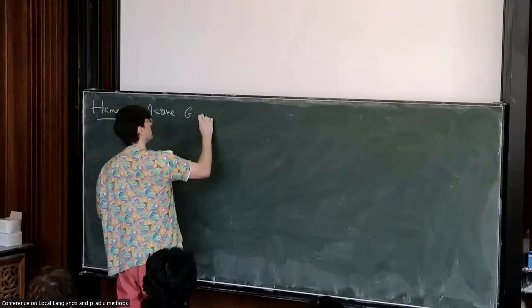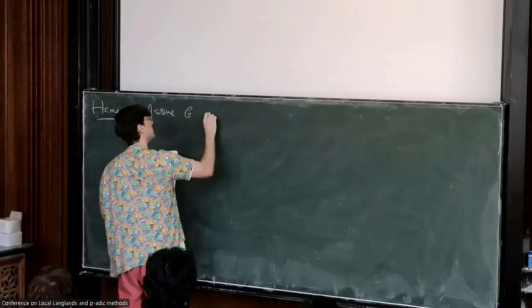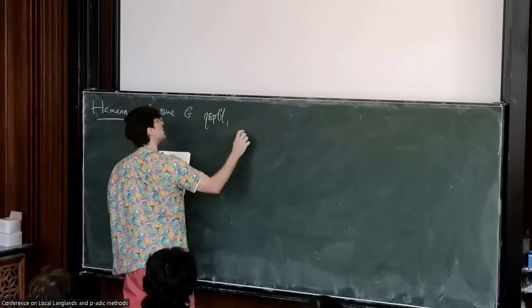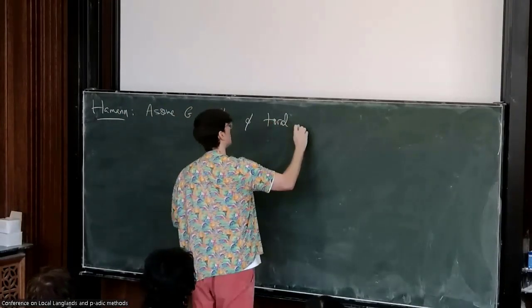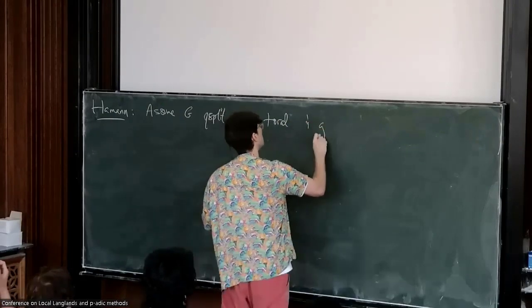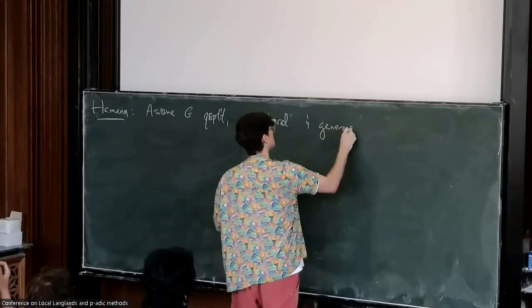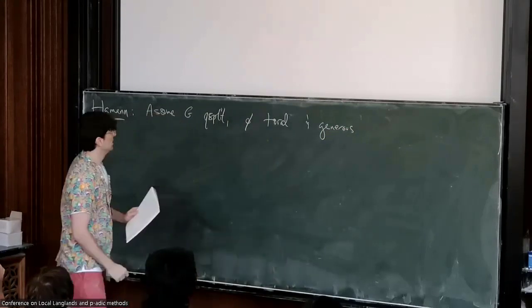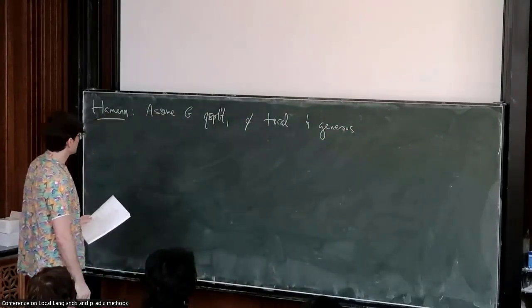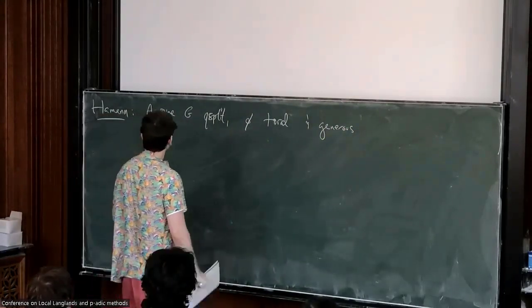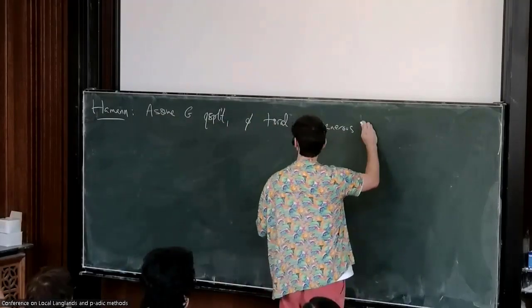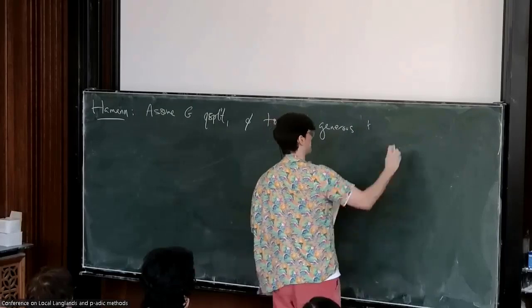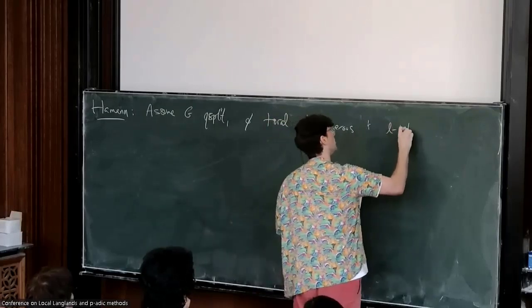So assume G is quasi-split, maybe unramified, and that phi is toral. So it factors through the L group of a maximal split torus of G. And for technical reasons, you also need to assume that it's L integral.